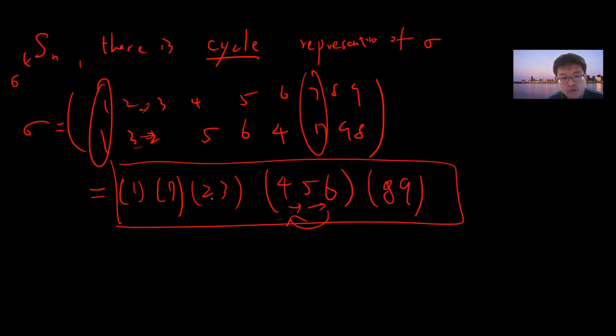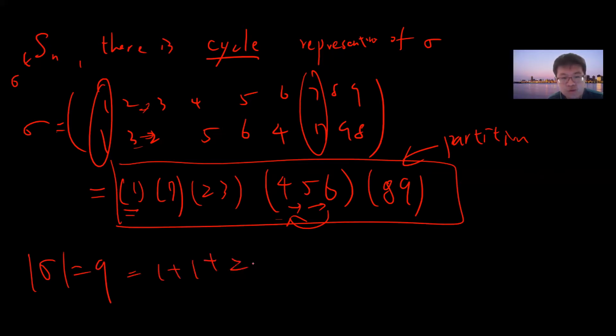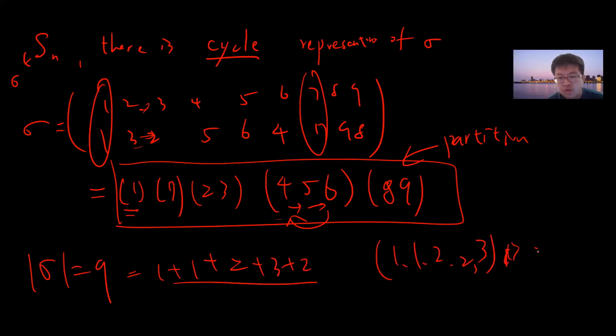Okay, so we see that this forms a partition. The total length of sigma is 9, right? So this is 1 plus 1 plus 2 plus 3 plus 2, right? So that means this 1, 1, 2, 2, 3 is a partition of 9.